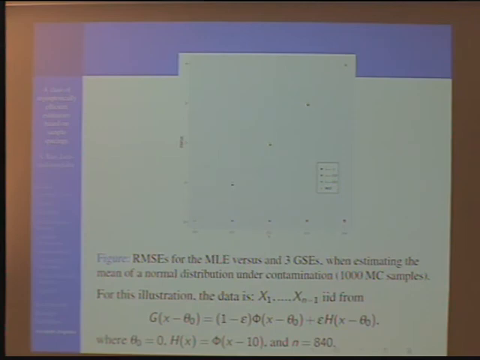If you have potentially contaminated data, then the GSEs are a better bet. They do much better than what the MLE would do. So this is the finer point of these GSEs, and these are all simulations.